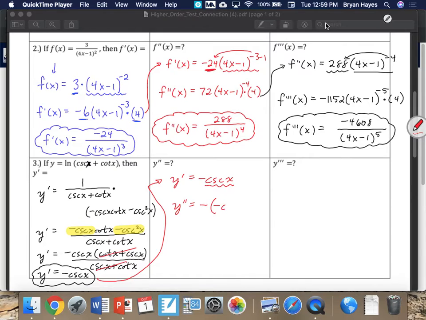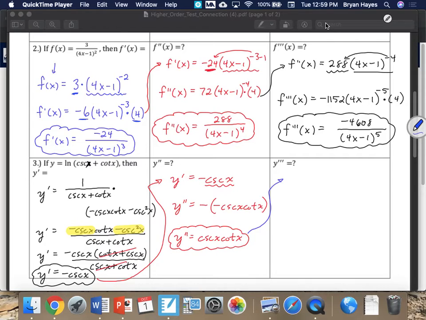That's negative cosecant x cotangent x. Okay. So our second derivative is just a positive cosecant x cotangent x. Oh, nice. That was one of the easiest second derivatives we've done so far.